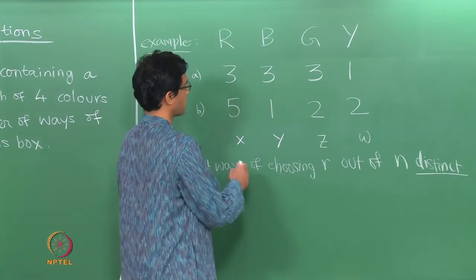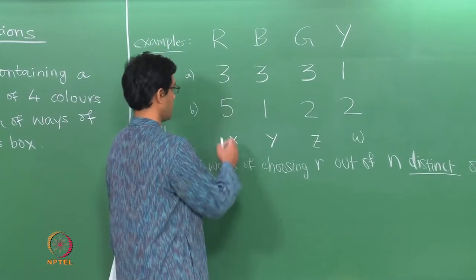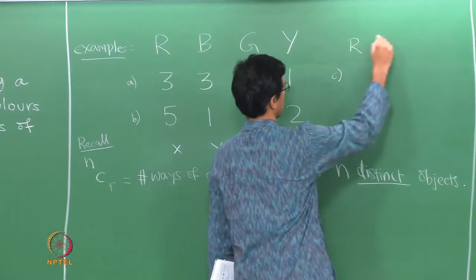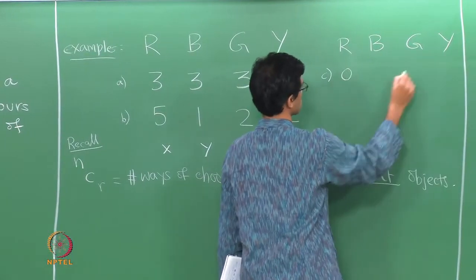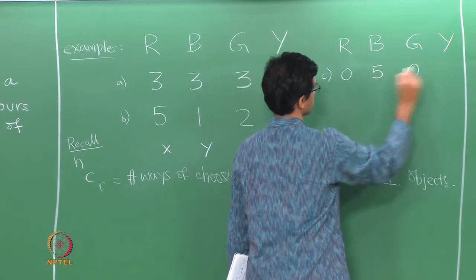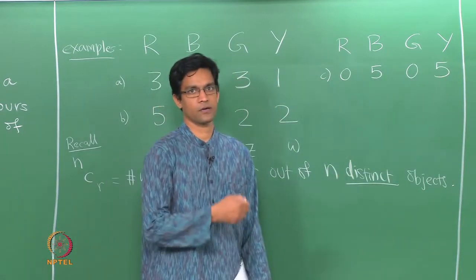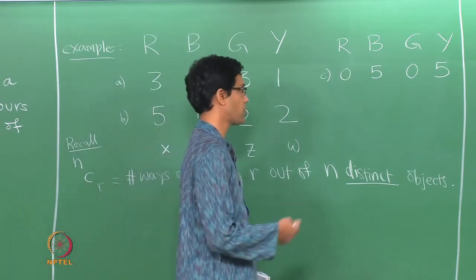So observe here that it's not necessary to choose a ball of a given color. For example, another choice here could be, you may choose 0 red balls, 0 green balls and maybe 5 each of blue and yellow. This is also a valid choice. So you are not required to choose at least 1 ball of each color. You can choose 0 balls for instance.